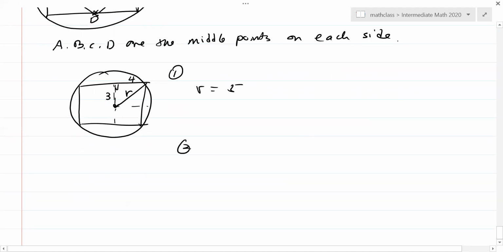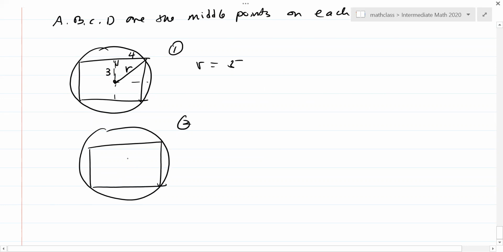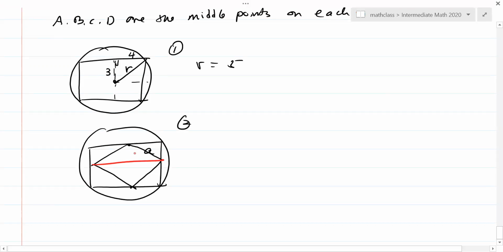For the second question, we need to know what this edge length is, right? You can find it by the Pythagorean theorem, but this is obvious. We draw an additional line here and you get a rectangle.